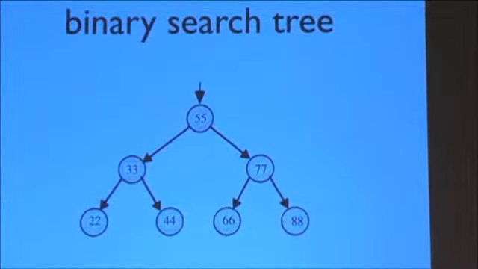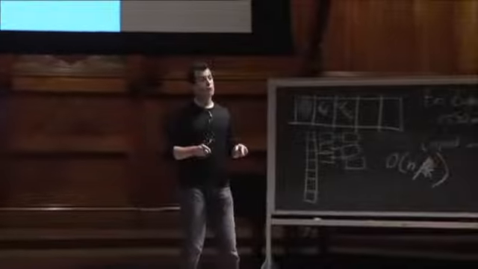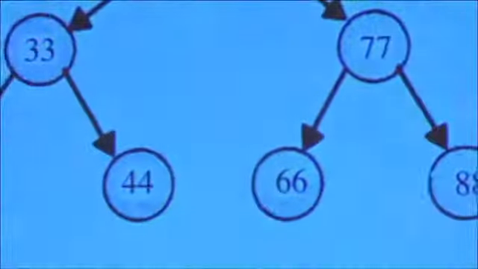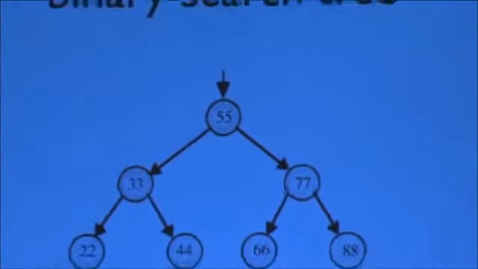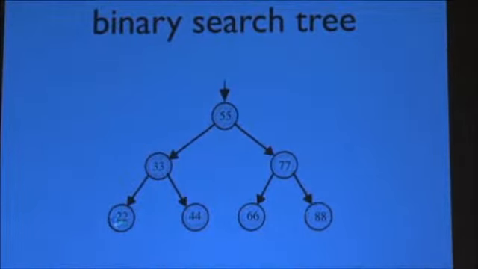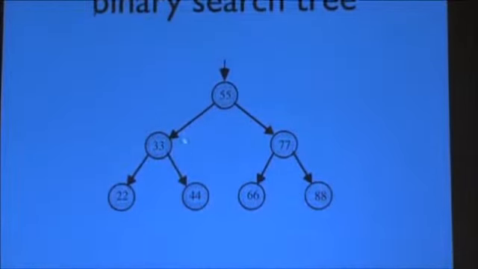But more specifically, if you look at any specific node, its left child, so to speak, is less than it, and its right child is greater than it. And with that recursive definition, we can infer that all of the nodes in this tree are indeed in sorted order, so to speak, left to right. There's 22, and that's a child of 33, so 33 is indeed bigger than it.